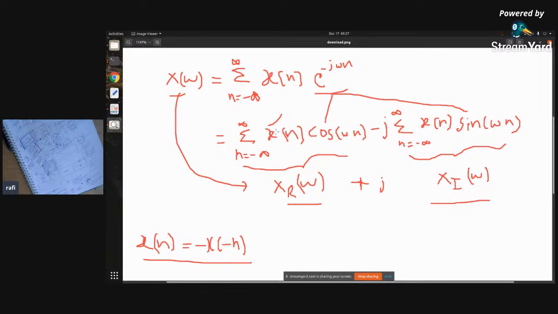You can write this as x of 0 cos 0, which is 1, plus summation 2 into summation n is equal to 1 to infinity, x of n cos omega n.